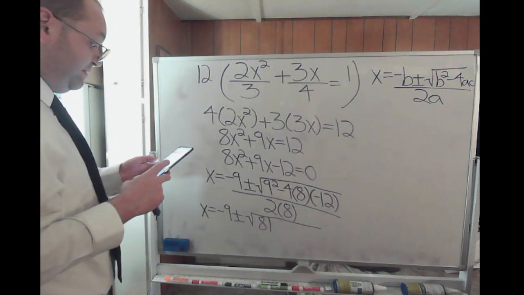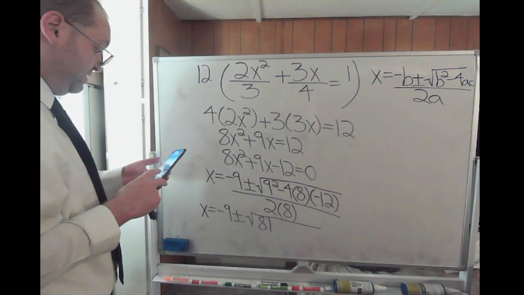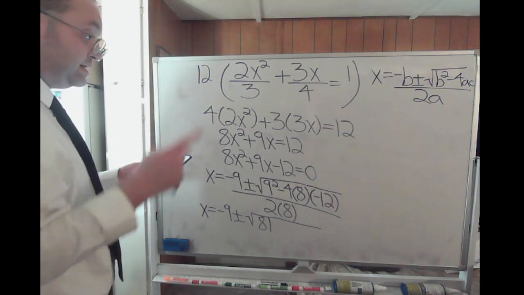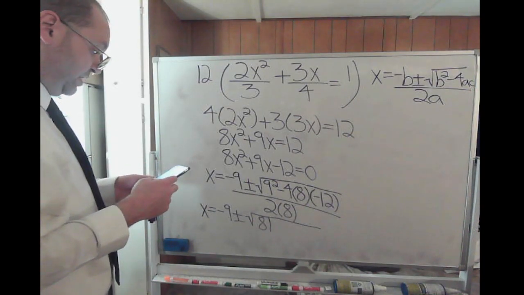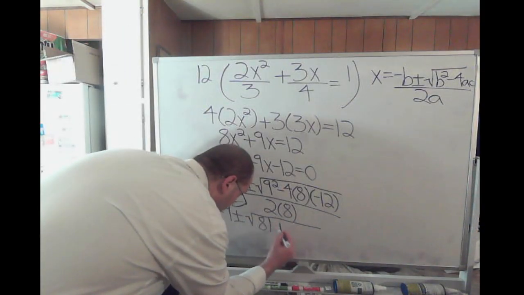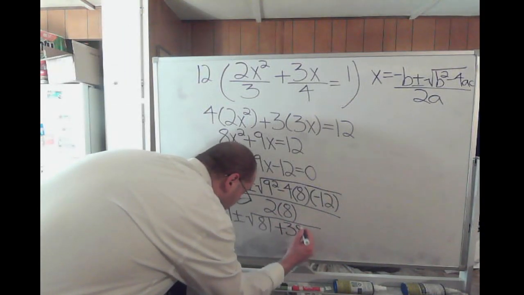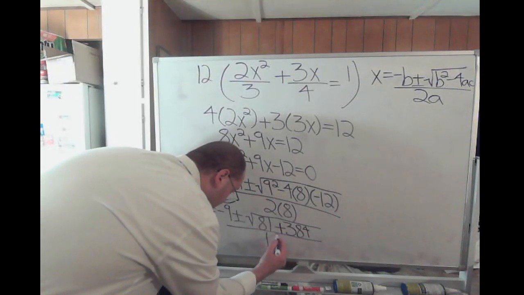So now we need to figure out negative 4 times 8 is negative 32 times negative 12. 32 times 12, that's going to give you 384. So you'd have 81 plus 384 all over 2 times 8, which is simply 16.